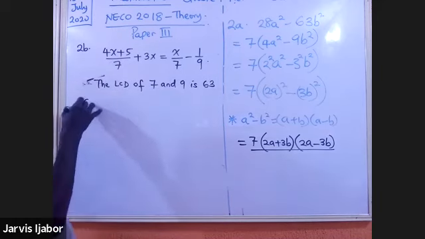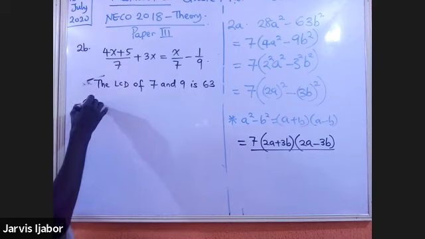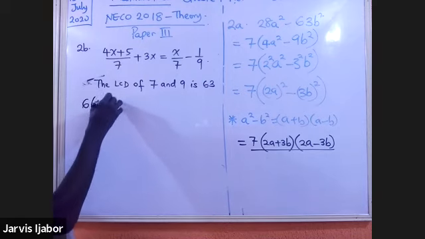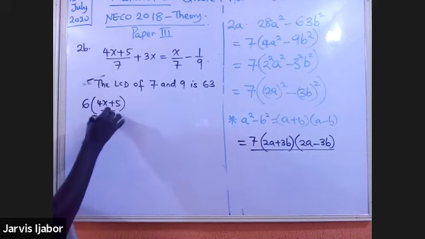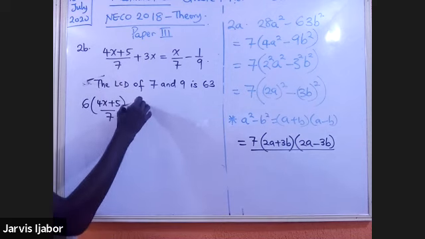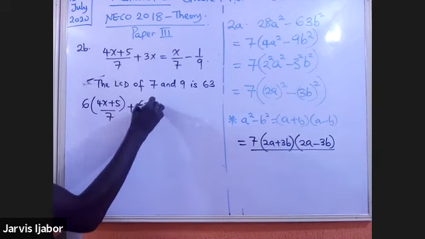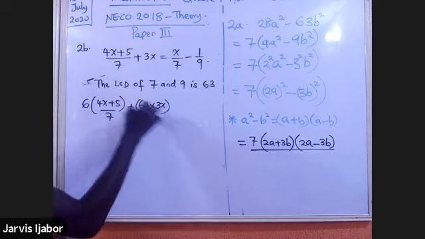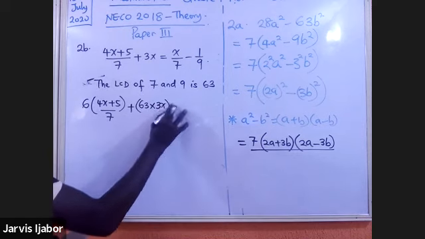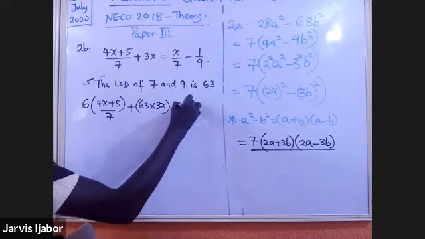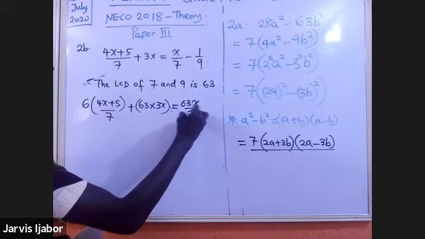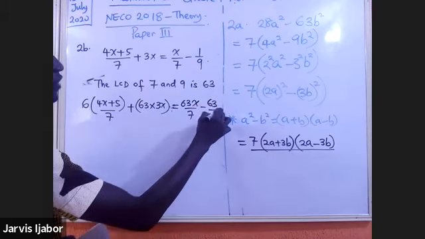So this will now be 63 into (4x plus 5) divided by 7, plus 63 times 3x, equal to 63 times x over 7 minus 63 over 9.